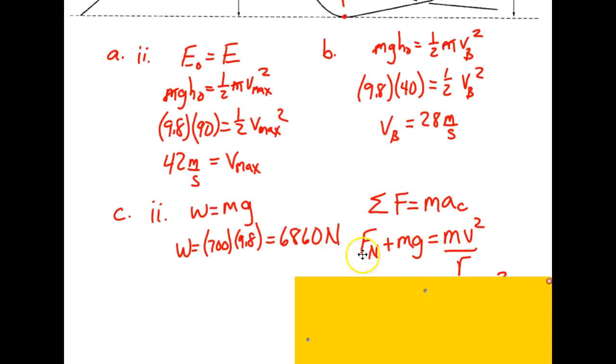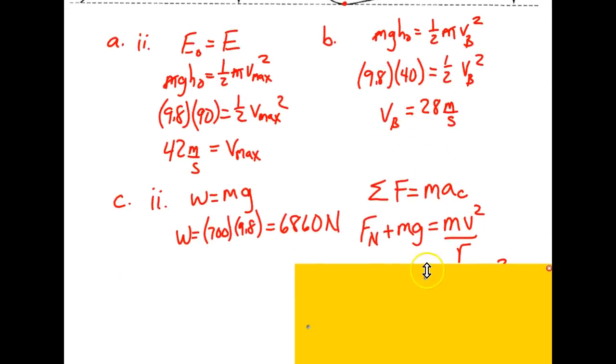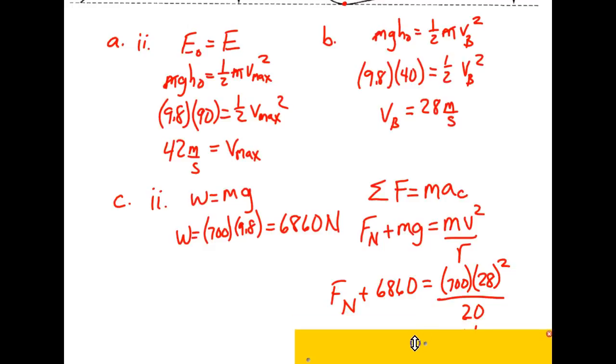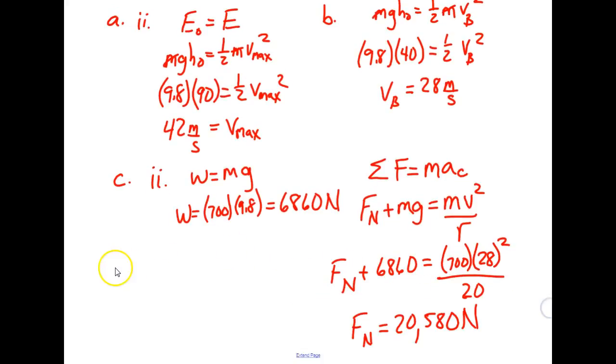We already found the weight in the first part of C2. We know the mass, we know the speed at point B is 28, and we know the radius of the circular path is 20. So we sub in all our known values, and we solve for the normal force. The normal force would be 20,580 newtons.